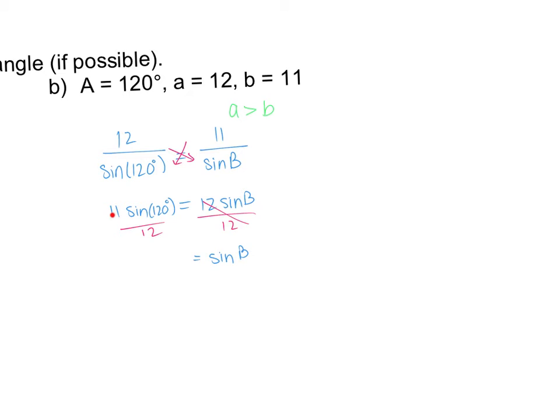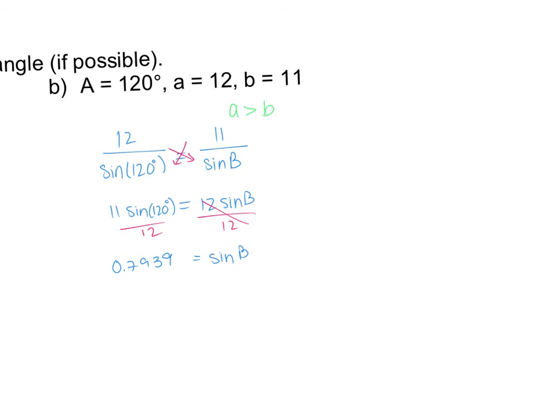If I plug this into the calculator and round to a few decimal places, I get 0.7939. This number complies with the range for sine, between -1 and 1, so this works.